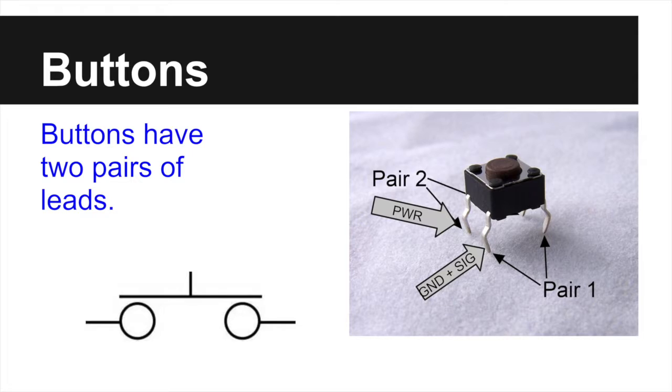Signal is the power coming out of a component. So the power going in is PWR, 5 volts. When we push that button, 5 volts is going to come back out of that button, and that power coming out on the negative side or the ground side is going to be our signal. Okay, so that's the idea behind our button.